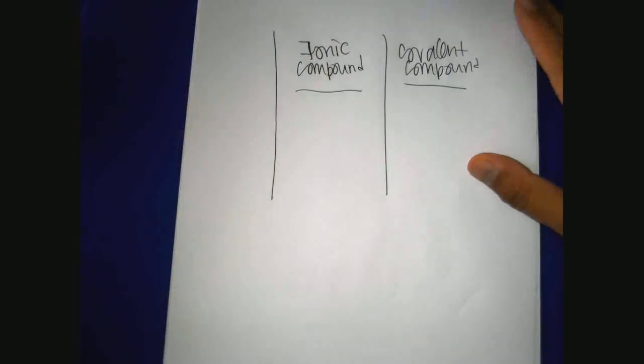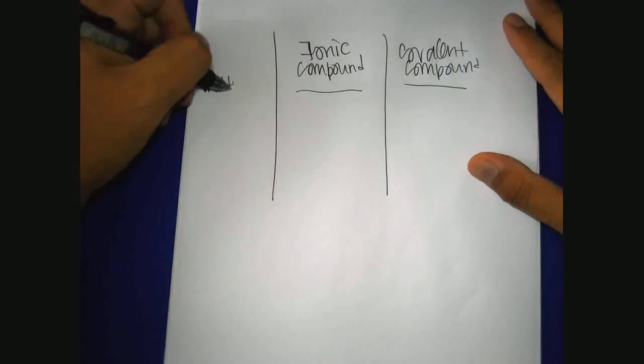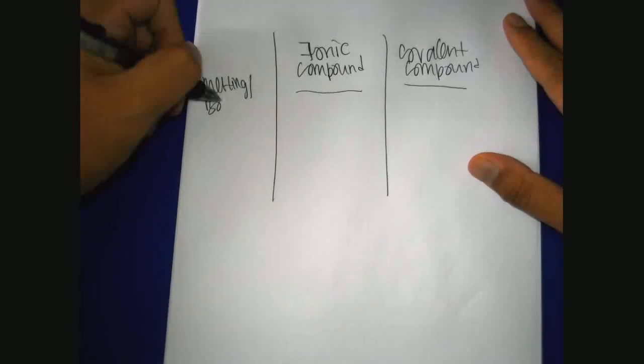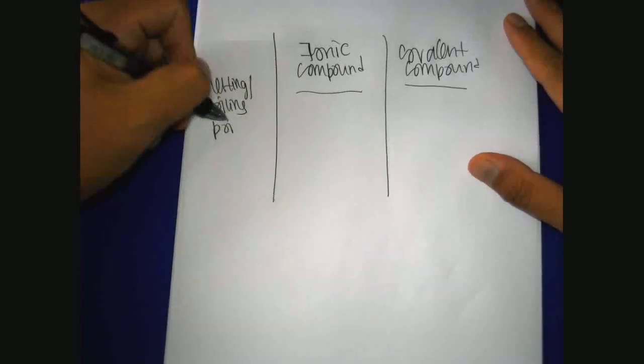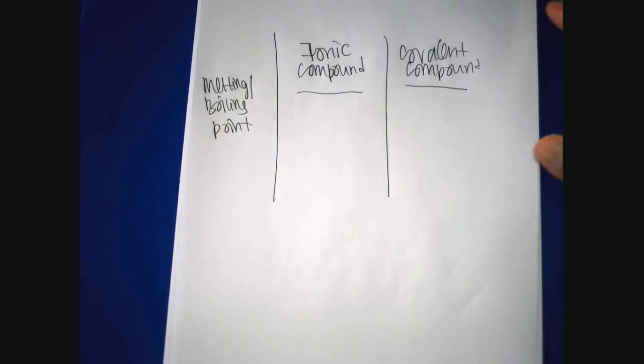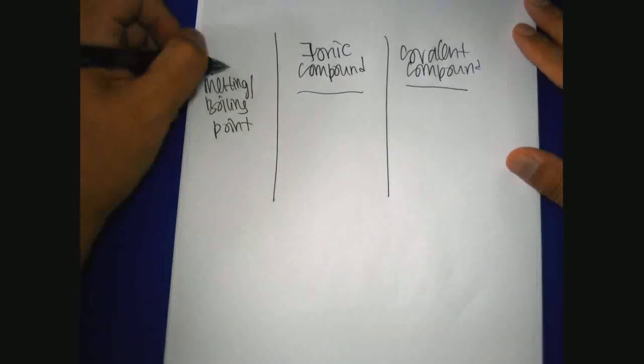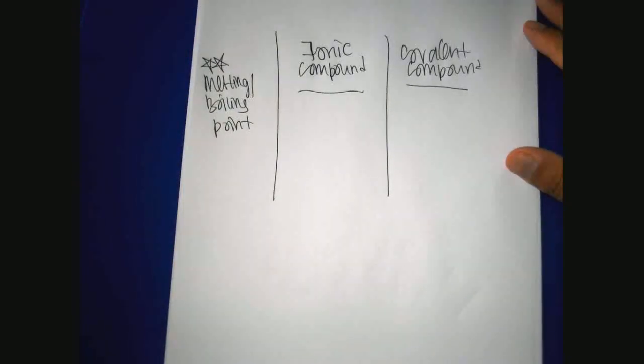This is ionic and this is covalent compound. The first thing that we need to study is melting and also boiling point. This is very important. I'm going to put a star here. Anything I put a star on means it's very important, and this we need to be able to explain.